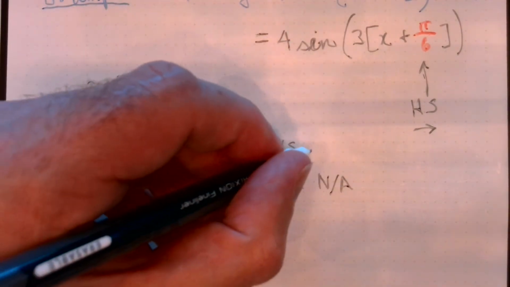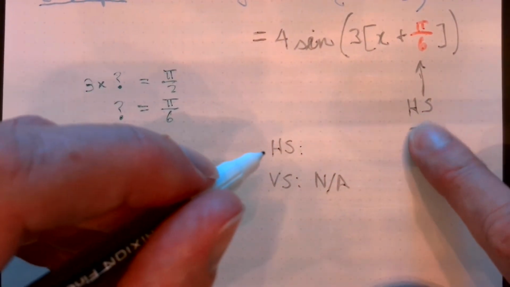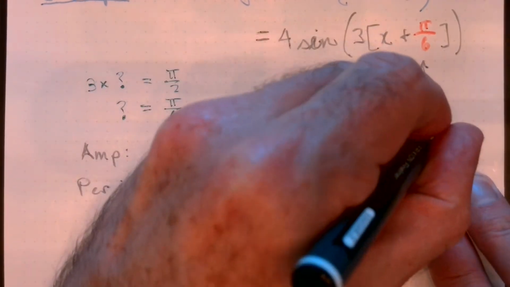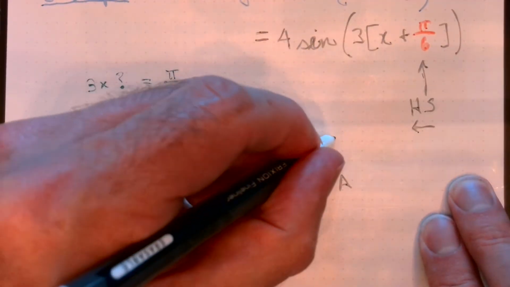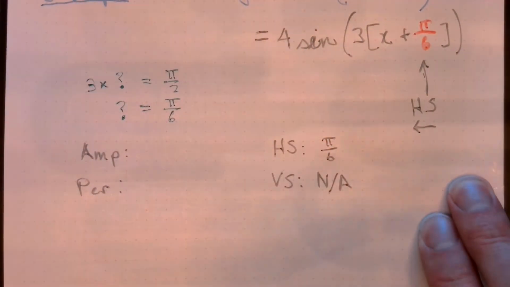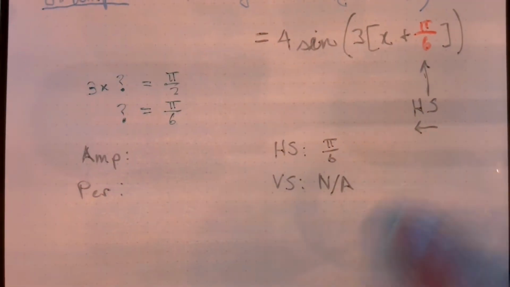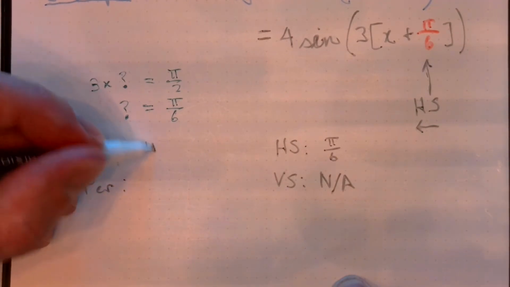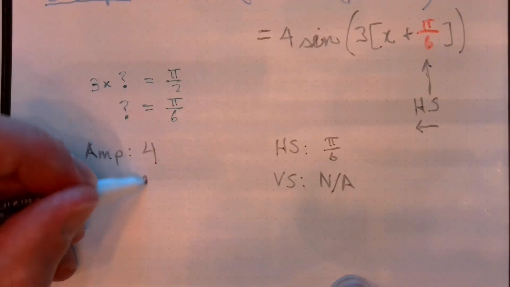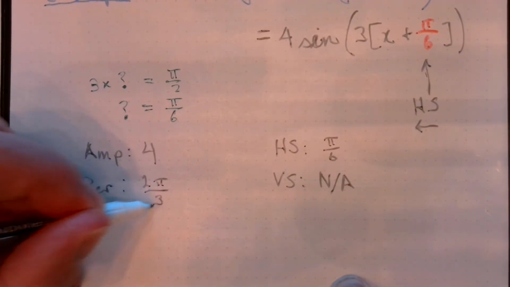Not applicable. Horizontal shift, whoops, I had that going the wrong way. It's pi over 6 units to the left. I think I said the right thing, but wrote the opposite of what I meant. Amplitude 4, period, 2 pi over 3.